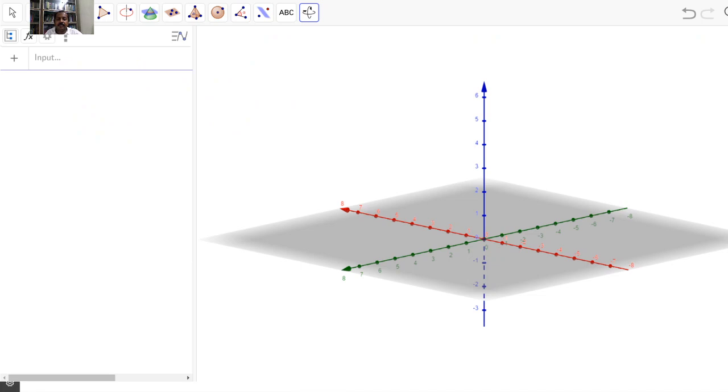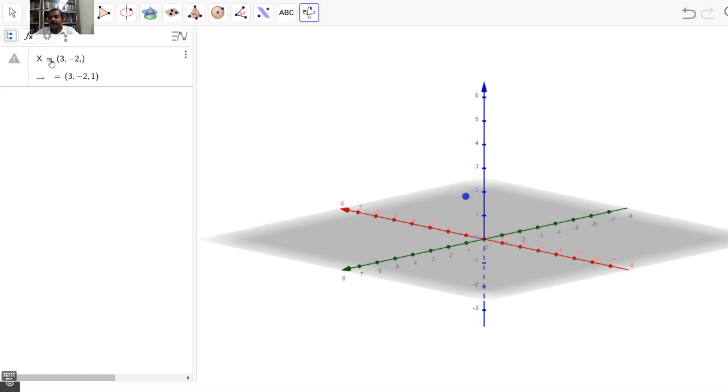So consider the GeoGebra window, and you input the first point. You can directly plot x is equal to the initial position, 3 comma minus 2 comma 1.